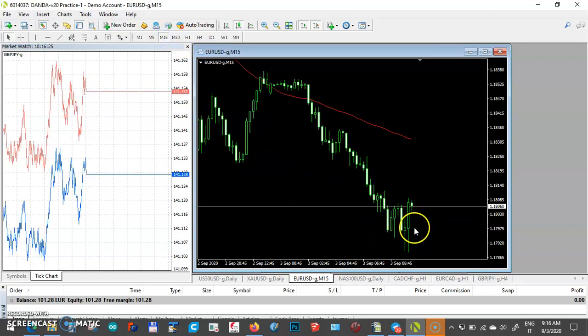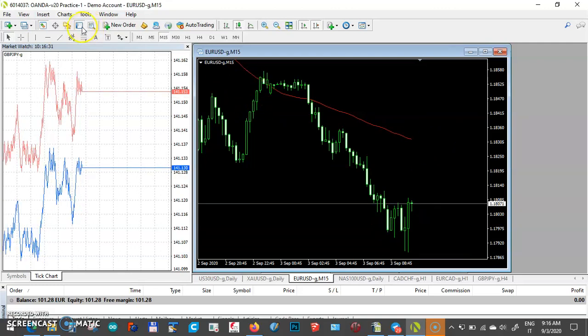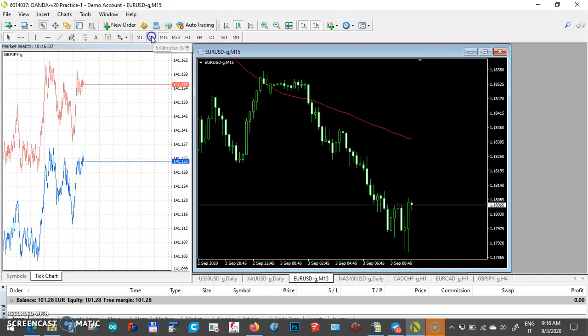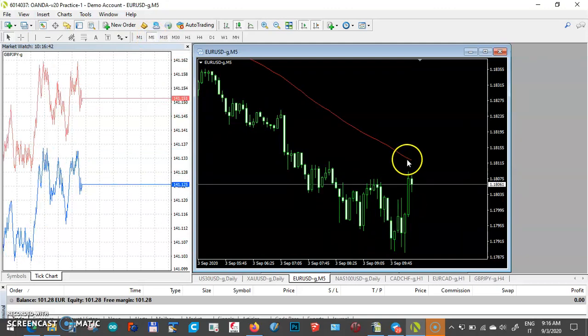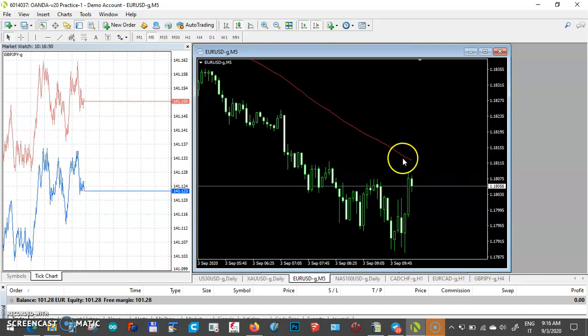The 15 minutes confirms to me that this could be a good start for a long trade, of course in very short time. 5 minutes, okay, is going here. It would be better to start from here and wait for this level of the market, that is the 50 moving average.